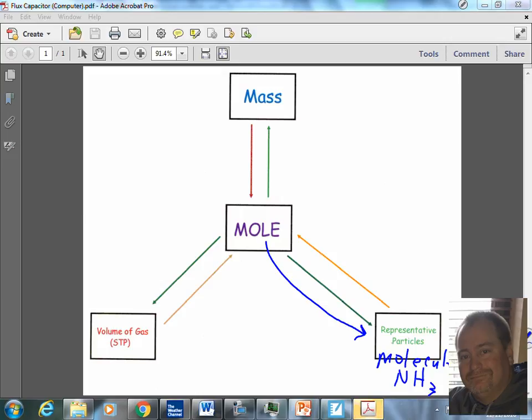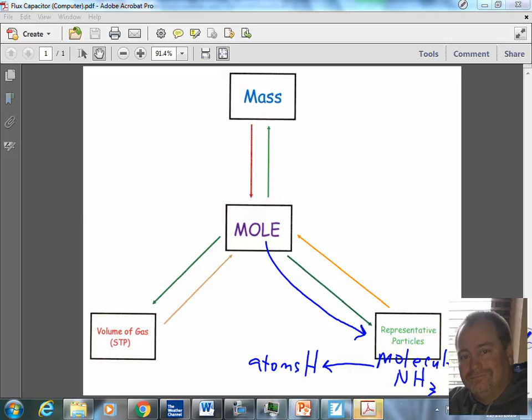So I'm going to convert this from moles to molecules of ammonia. After I get done with that, I'm going to convert it to atoms of hydrogen. If I were you, I would draw that picture right there.